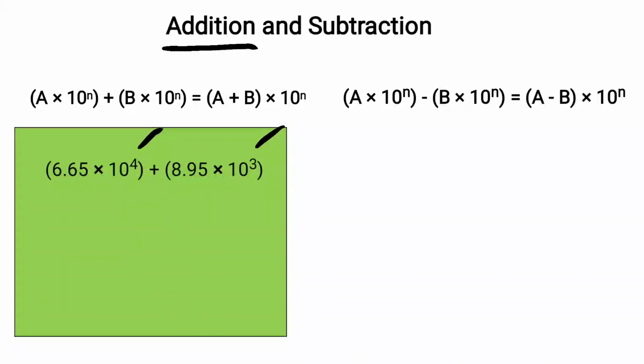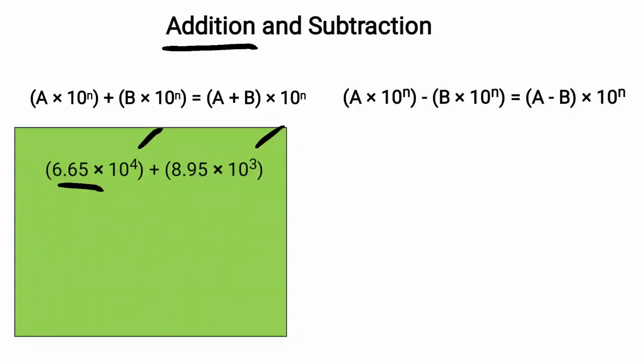Therefore, in order to add the numbers, first we have to make the exponents the same. As 6.65 has the larger exponent, that is 4, we have to convert the exponent of 8.95 to match this larger exponent.